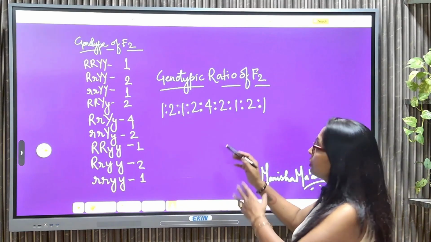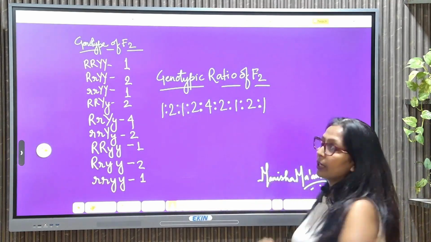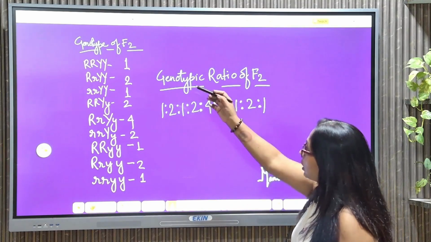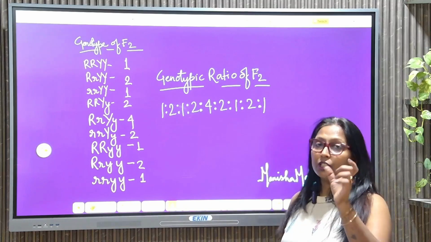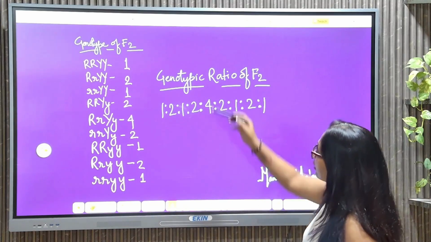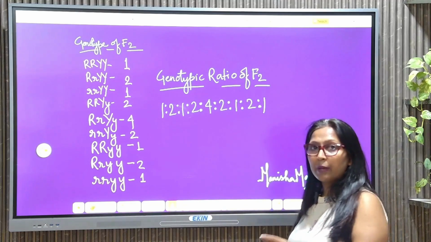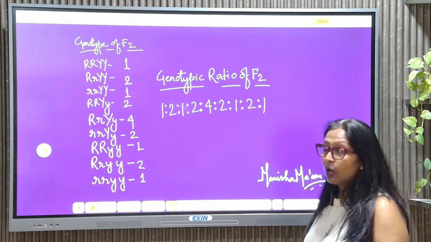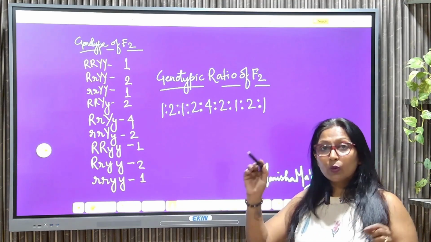Now next we pass on to the genotype of the F2 generation. While finding out the genotype, we need to go through each and every box and find out how many times each genotype has occurred in the Punnett square. From that we have found that capital R capital R, capital Y capital Y has been seen only once, capital R small r, capital Y capital Y twice.